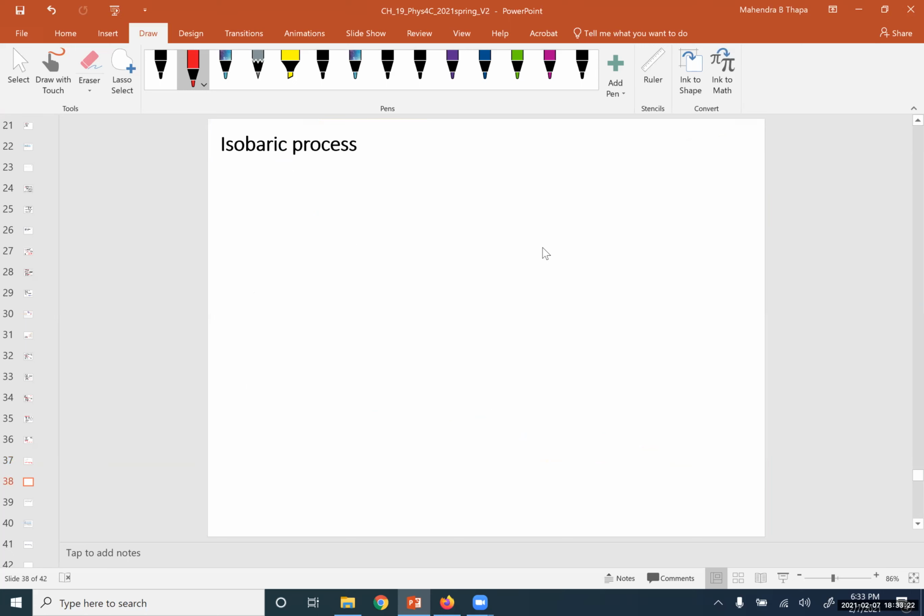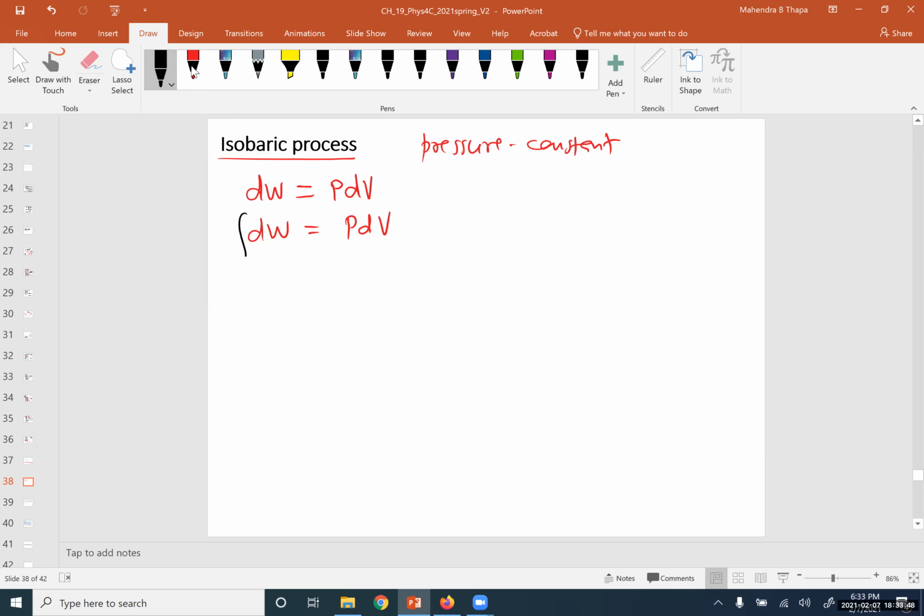Okay, let's do it for an isobaric process. Isobaric process means we keep the pressure constant. So let's start our equation. dW is PdV. We can integrate both sides. The volume goes from V1 to V2.